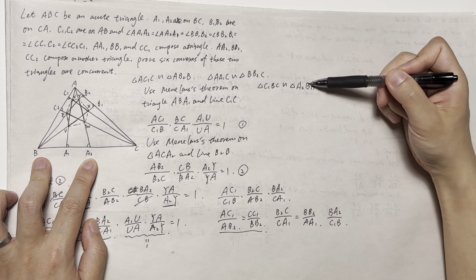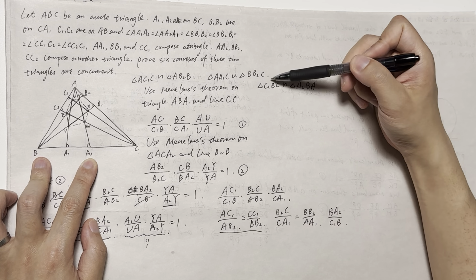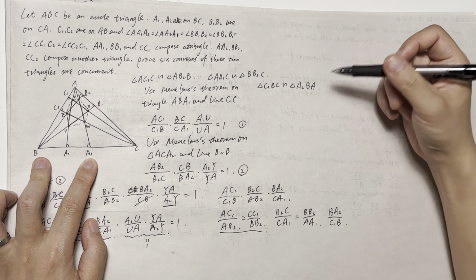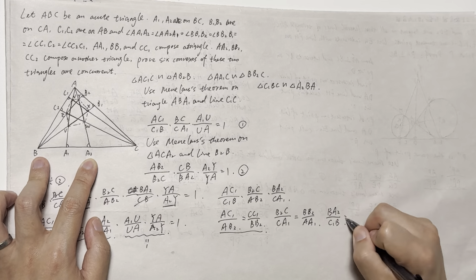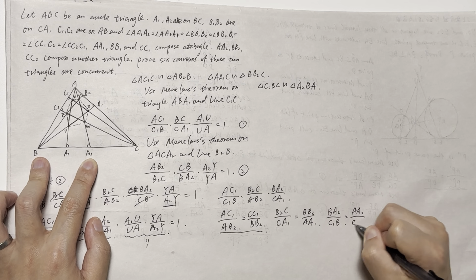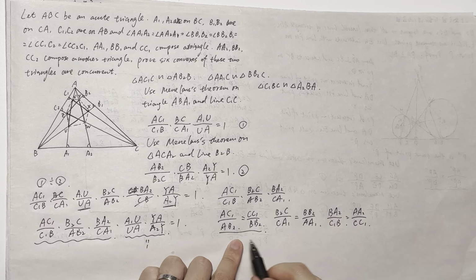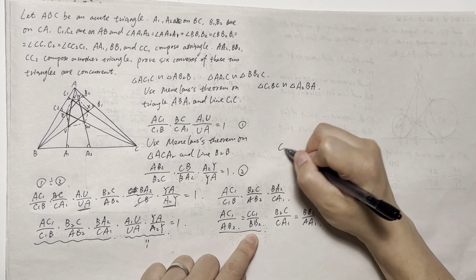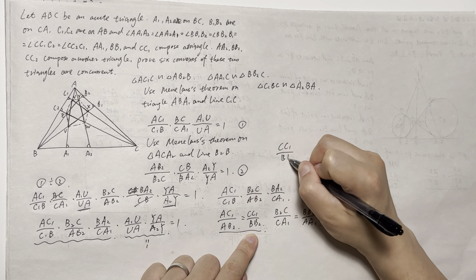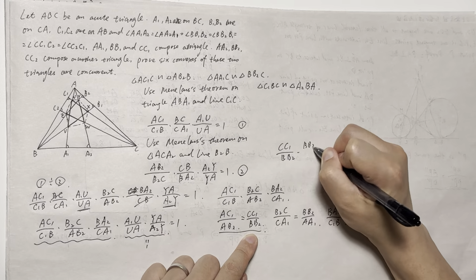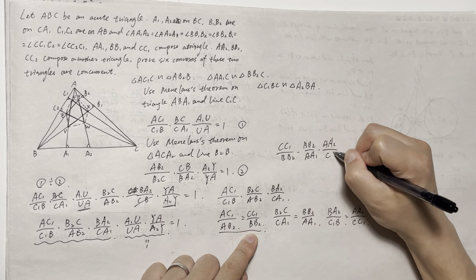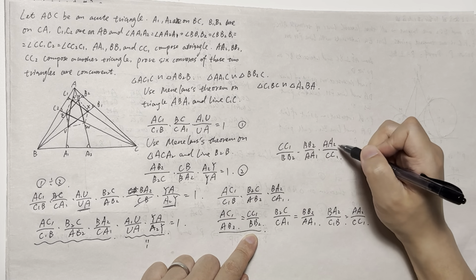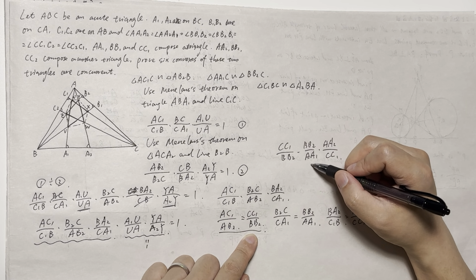So BA2 divided by BC1 equals AA2 divided by CC1. The product of these three will be CC1 divided by BB2 times BB2 divided by AA1 times AA2 divided by CC1. So AA2 equals AA1, right?